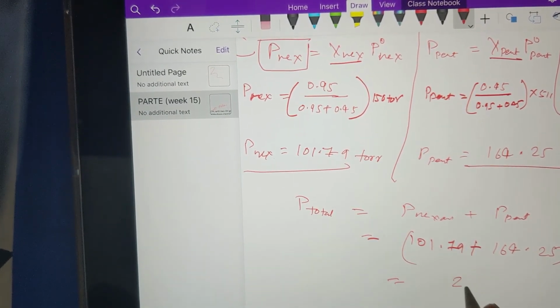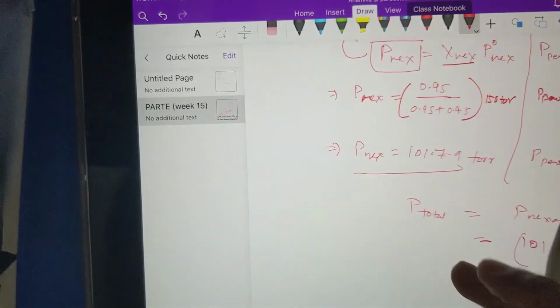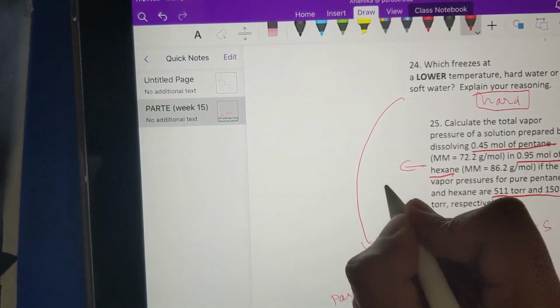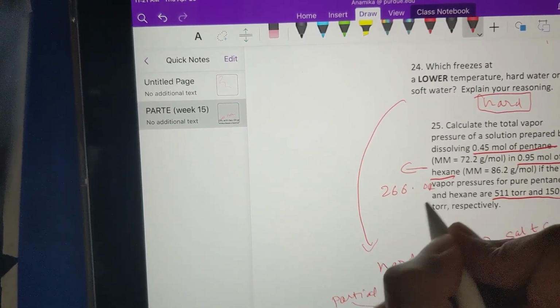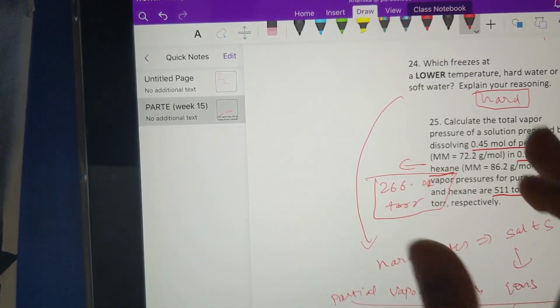Which is 266.04 torr. So the answer for this one is going to be 266. Yeah, so that was all of the questions.